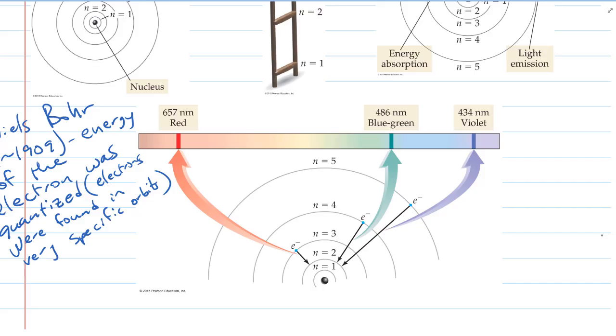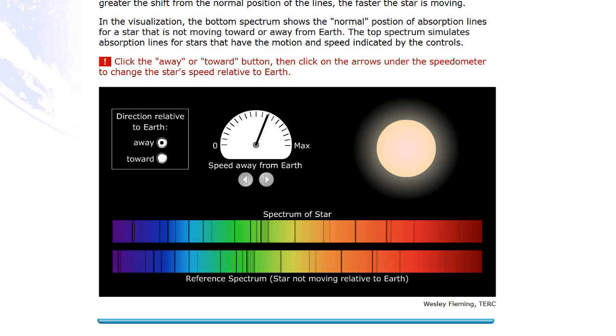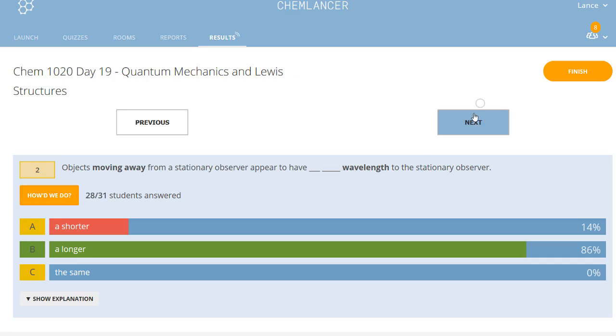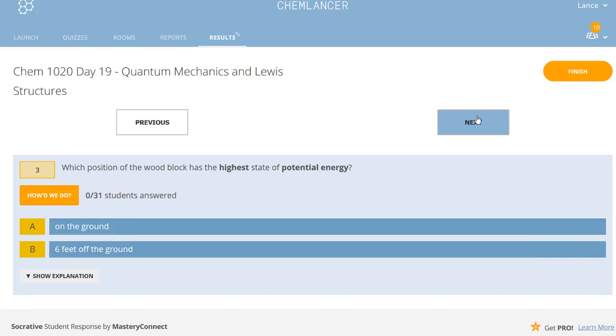So think about the position of the wood block up here, and down on the ground. And then ask yourself this question: which position of the wood block would have the highest state of potential energy? If I hold it up 6 feet off the ground, or if I hold it down on the ground?